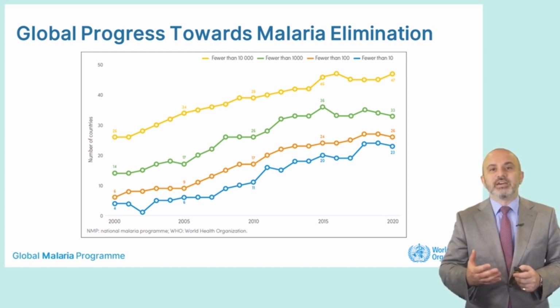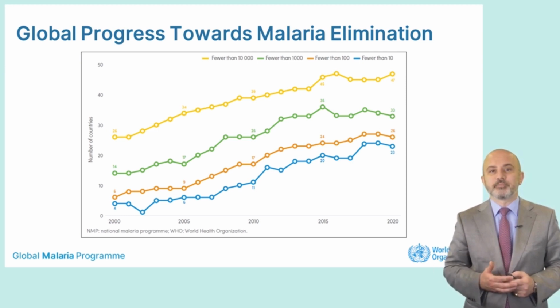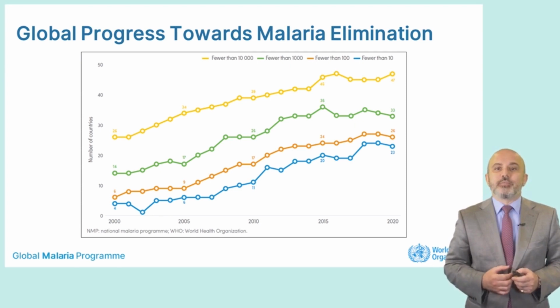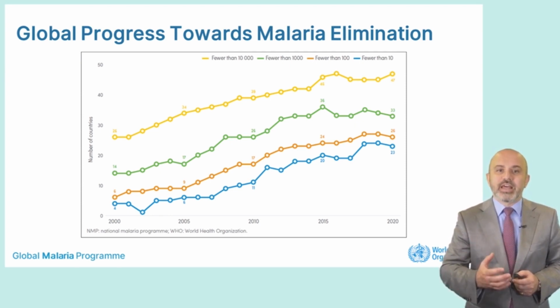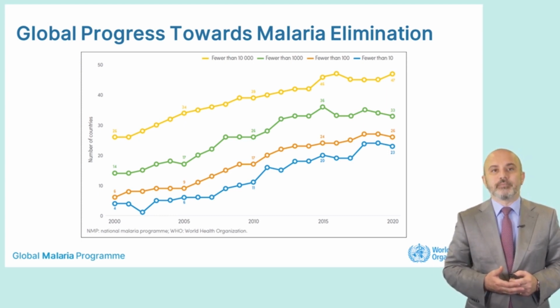The yellow line represents the number of countries with fewer than 10,000 cases. We use this number to arbitrarily indicate countries approaching elimination. This number has increased from 39 countries in 2010 to 47 countries in 2020.